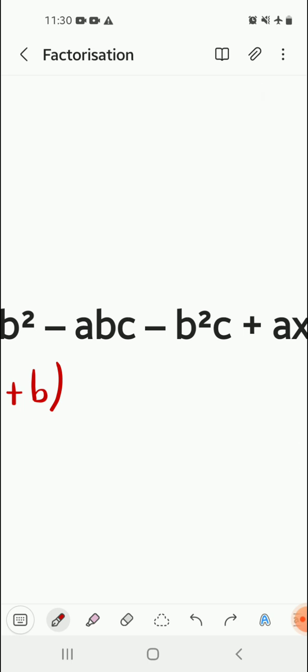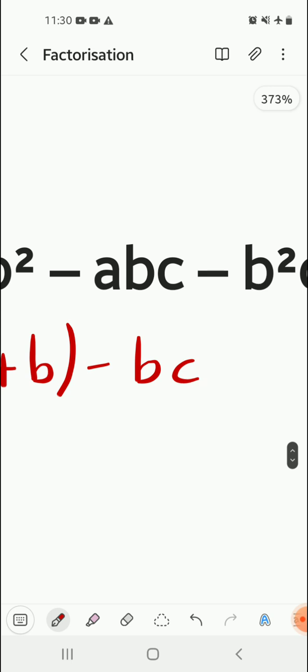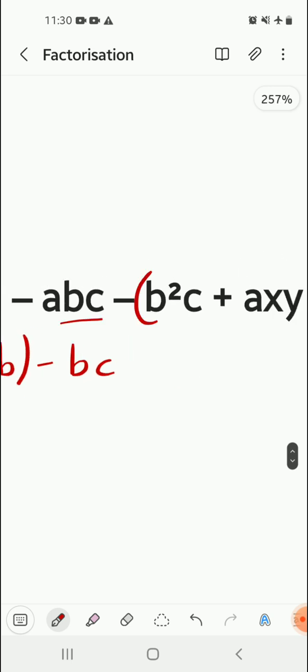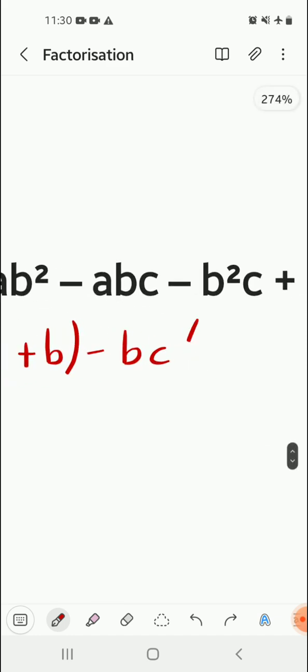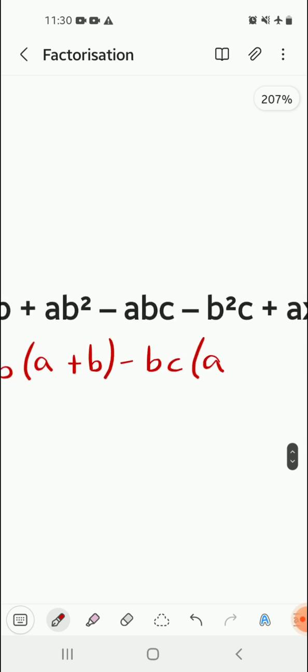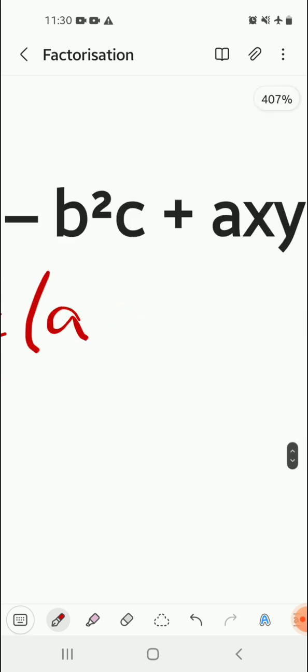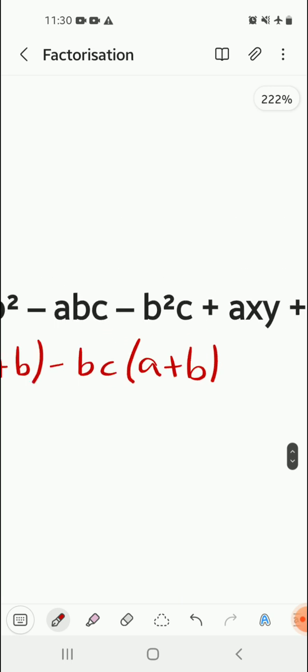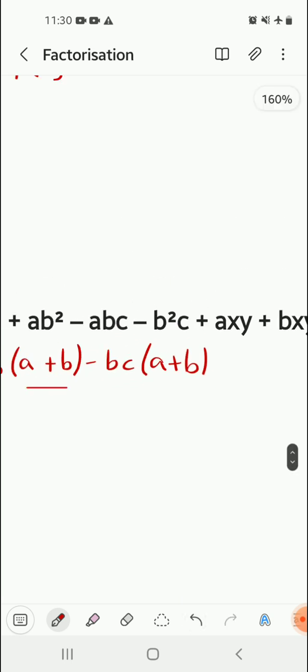Over here what we have in common is of course minus bc. So what we are left with is again from here a, and from here we are left with b, because here we have got a b and here there is a b square. So you can see the trend a plus b.